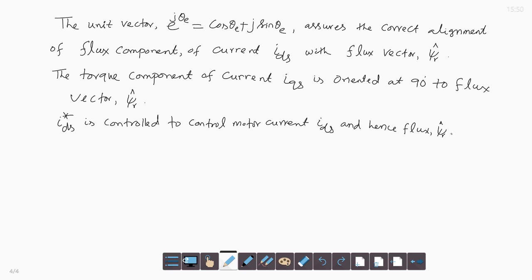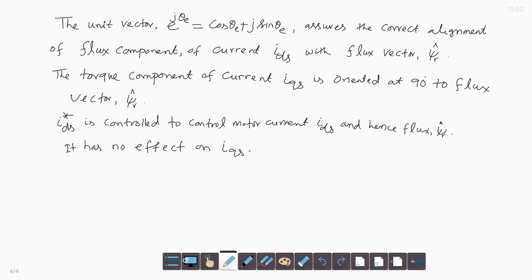IDS star is coming from the control block; it is the reference command. The command current IDS star is controlled to control the motor current IDS and hence the flux psi r. It has no effect on IQS.